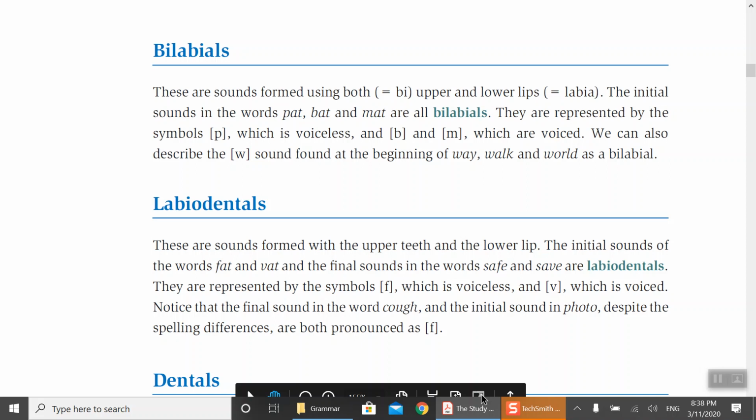So labiodental, how do you know it? Sounds which are produced with upper teeth and lower lip.